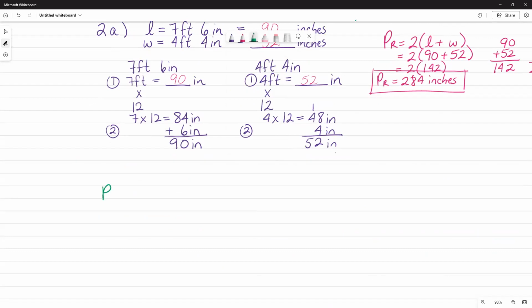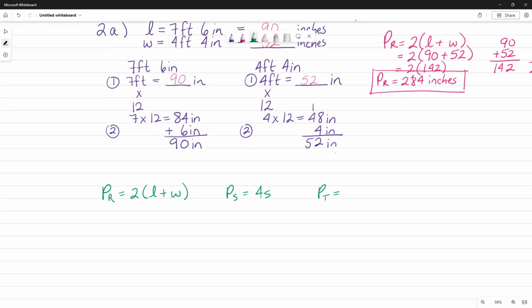The perimeter of a rectangle is 2 times the length plus the width. The perimeter of a square is 4S. So it's 4 times whatever the side is.